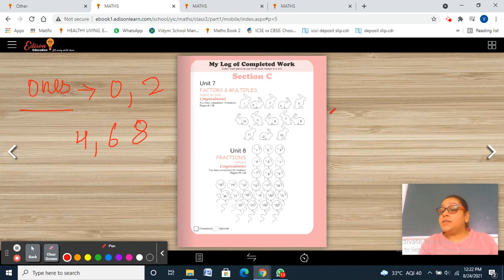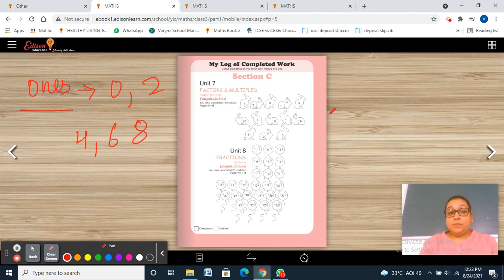Otherwise, it is an odd number. So without dividing the number by 2, without checking the remainder, you have to check the ones place value. If the ones place value is 0, 2, 4, 6, 8, then your number is an even number.